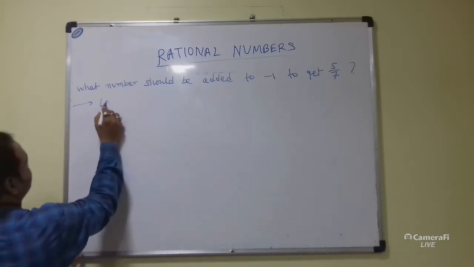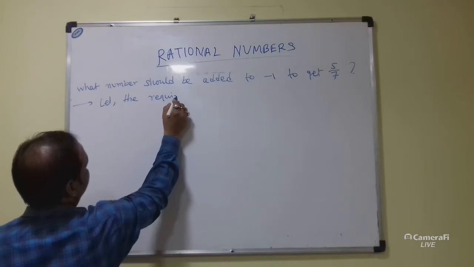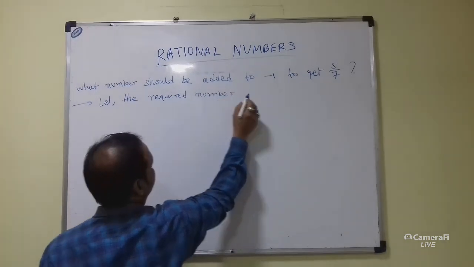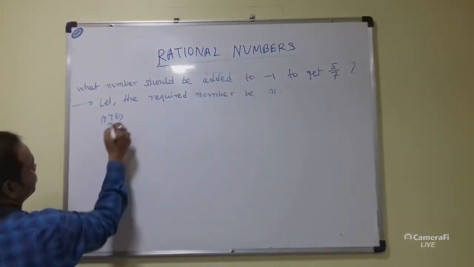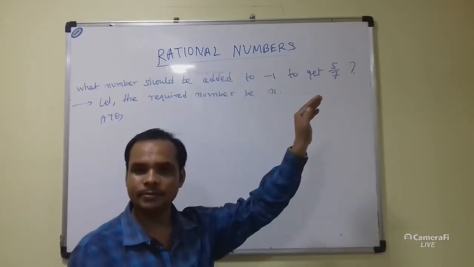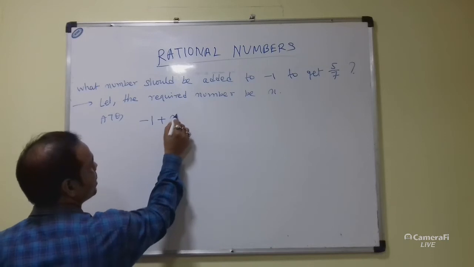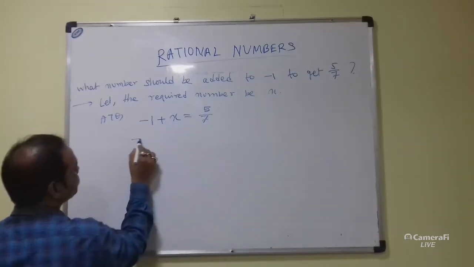Let the required number be x. Now according to the question, we have to add x with minus 1 to get 5 by 7. So minus 1 plus x, and the result is 5 by 7.